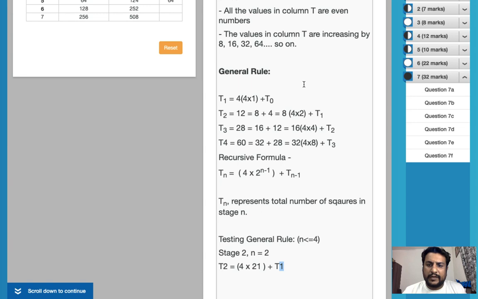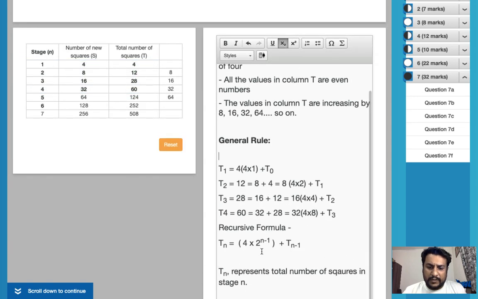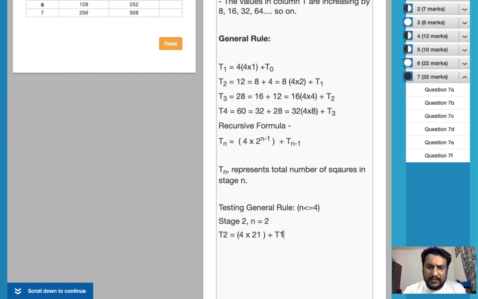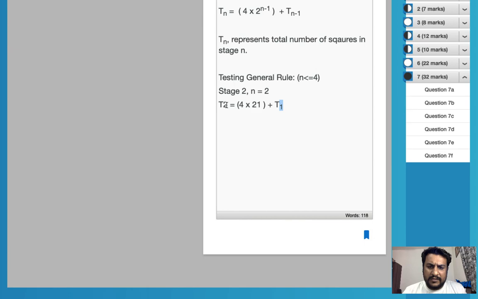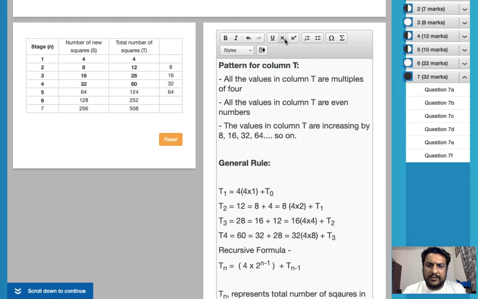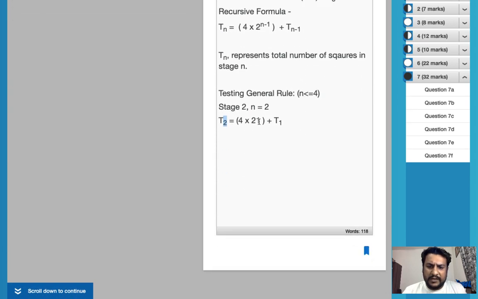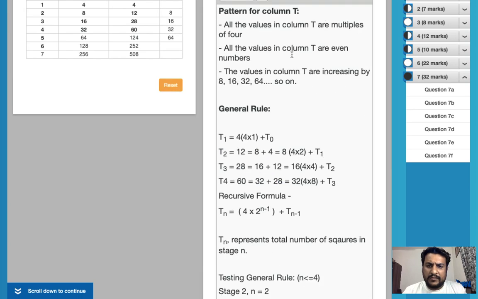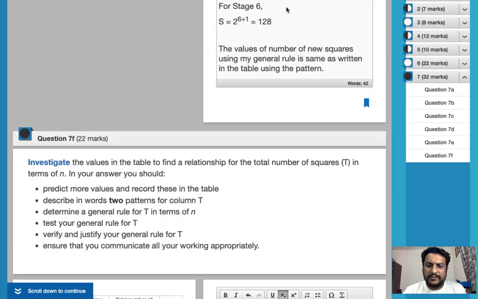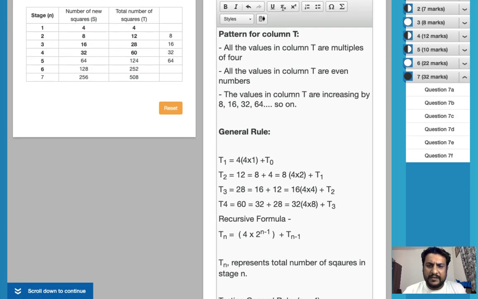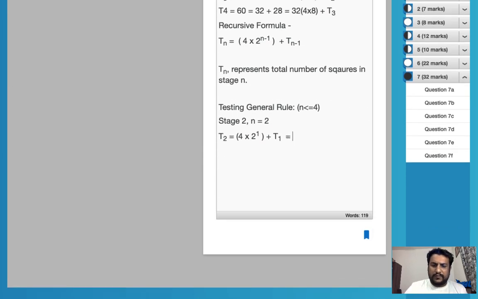So now if I write this properly, this goes in subscript, this also goes in subscript, and this goes in power. At T1 the total number of squares is 4. So what I have is 4 into 2 is 8, 8 plus 4 equals 12.